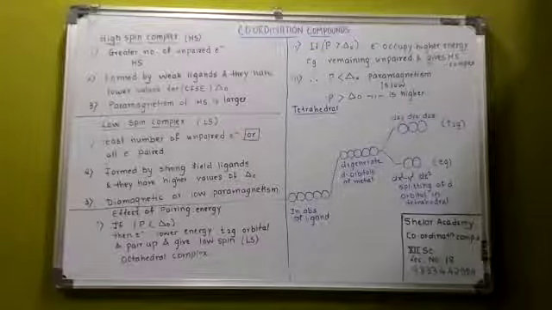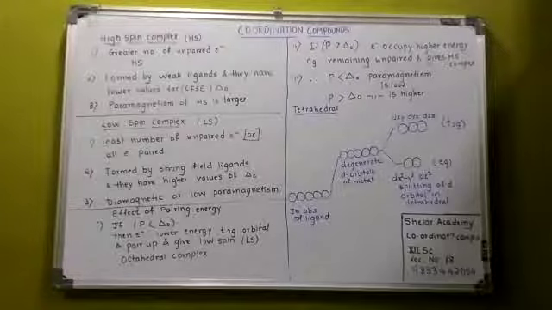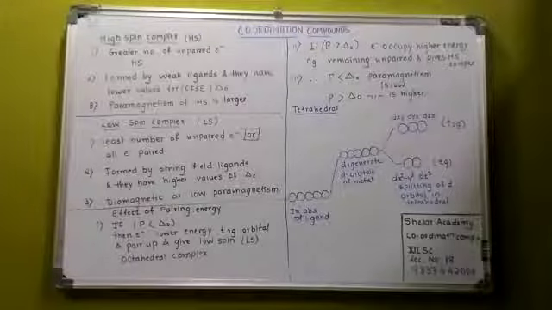Understood? The distribution of the electrons in these orbitals depends on whether the ligand is weak or strong. With strong field ligands, the electrons prefer to get paired up in the low energy e orbitals instead of going into the higher energy t2 orbitals.